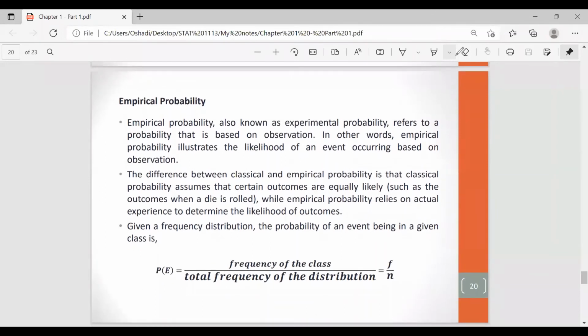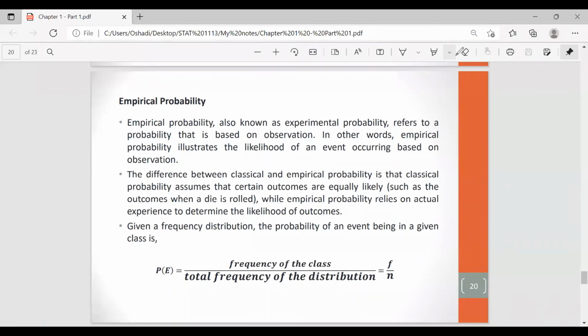So far we have learned about classical or theoretical probability. The second type of probability is empirical probability. Actually, this is also the same as the theoretical probability, but here we do the experiment. In theoretical or classical probability, I said that we are not doing the experiment.